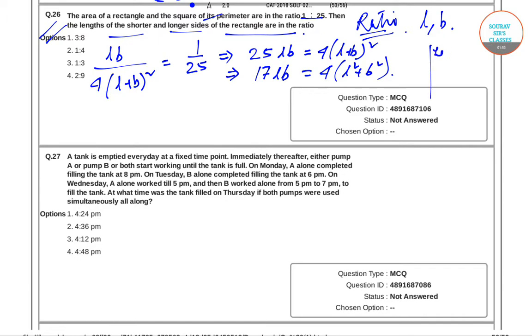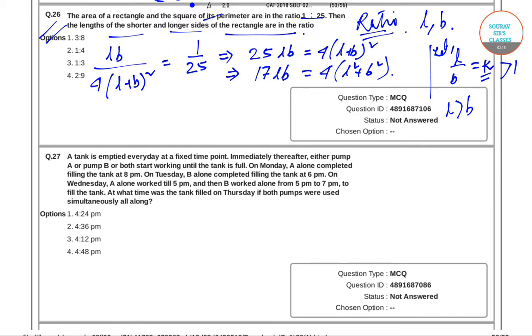Now comes our assumption part. Let length by breadth be equal to K, and let us assume that length is greater than breadth. In that case K will be greater than 1. Understood?